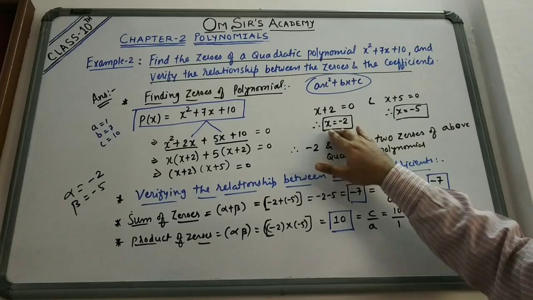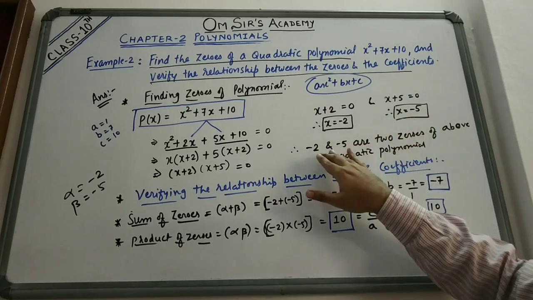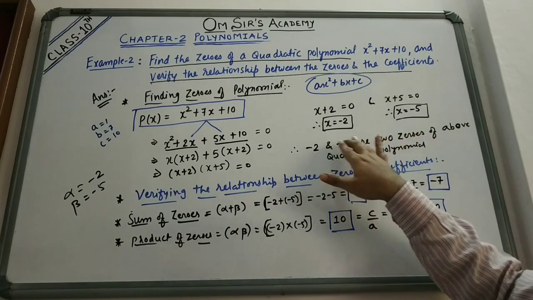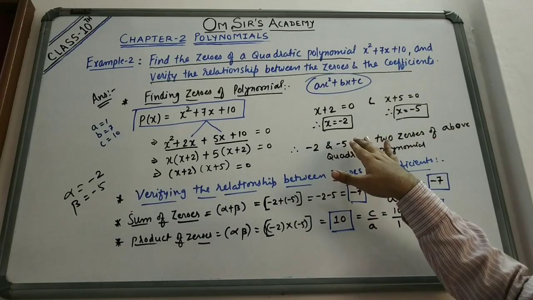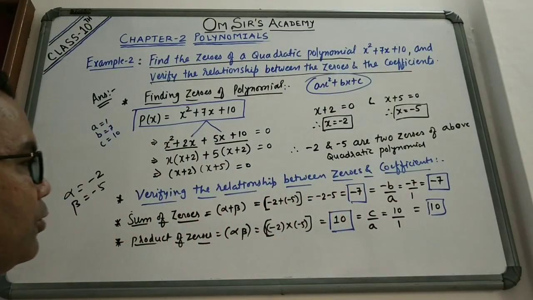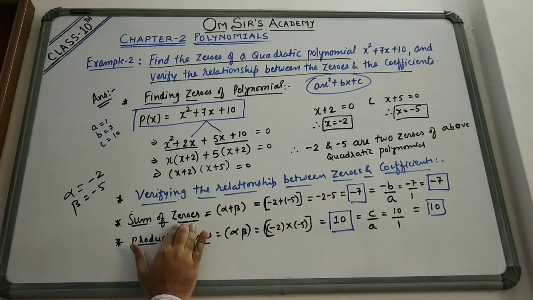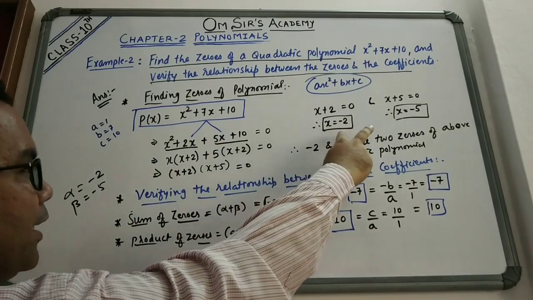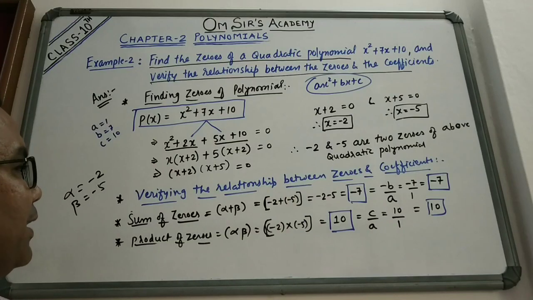Those were the two zeros of the above quadratic polynomial. Once you found the zeros of a polynomial, then you can verify the relationship between the zeros and coefficients. For sum of zeros, I need the two zeros, alpha plus beta, which we have already found out, -2 and -5.